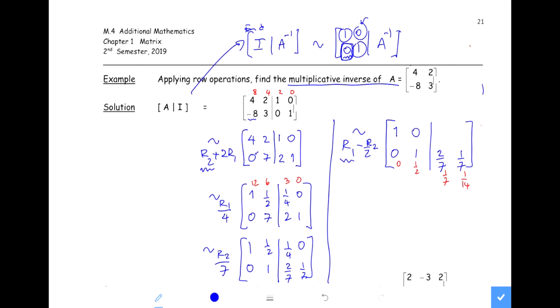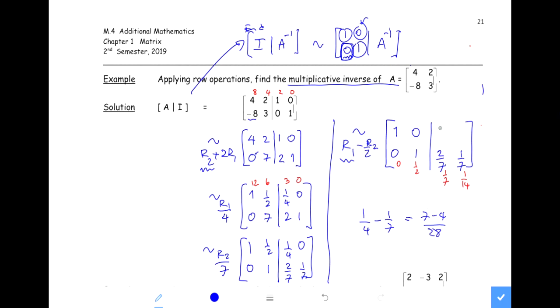Yay, I achieved this target now. I have matrix I here now. And here, 1 over 4 minus 1 over 7. Oh, what is that? Maybe write it here. 1 over 4 minus 1 over 7. 7 is going to be there, 4 cross up to there. Oh, no. I should get 7 minus 4 divided by 28.